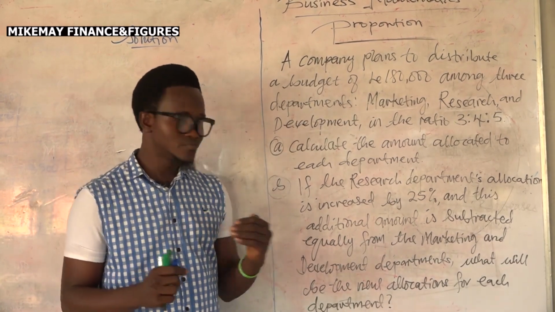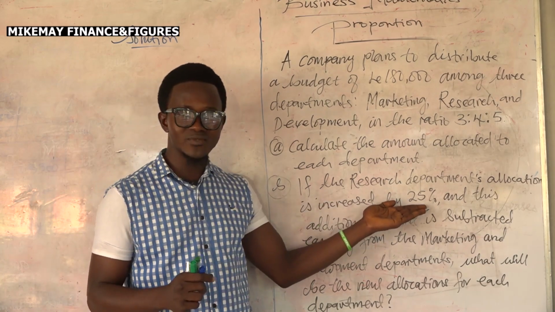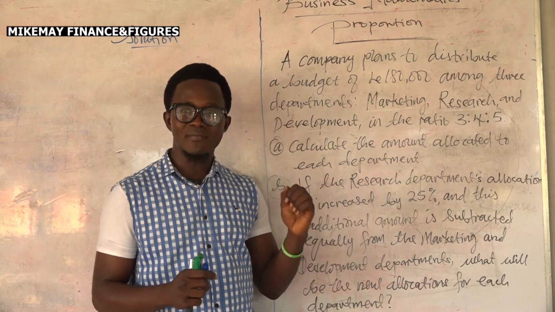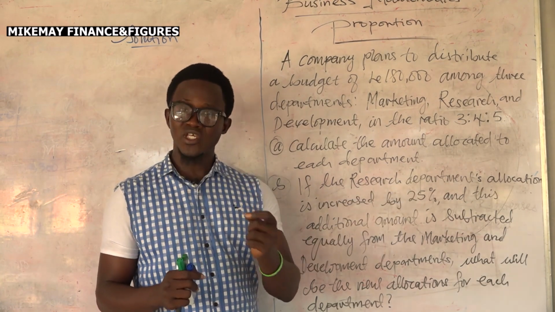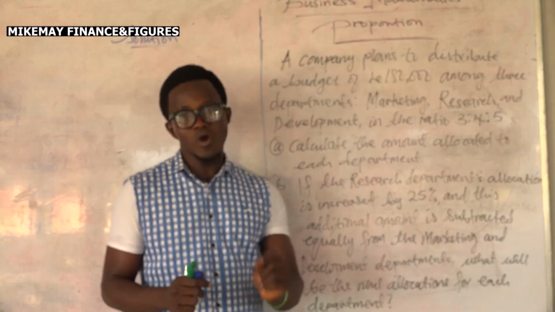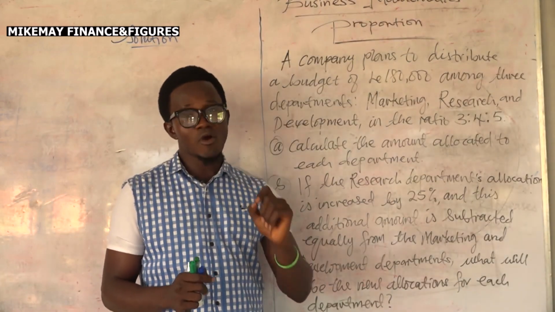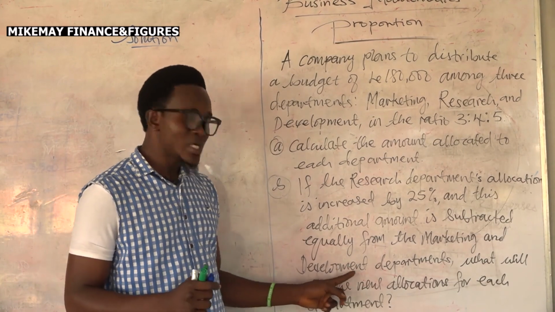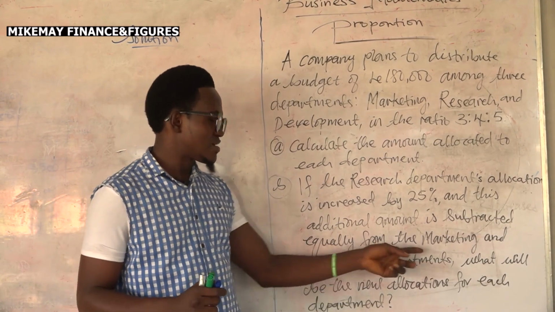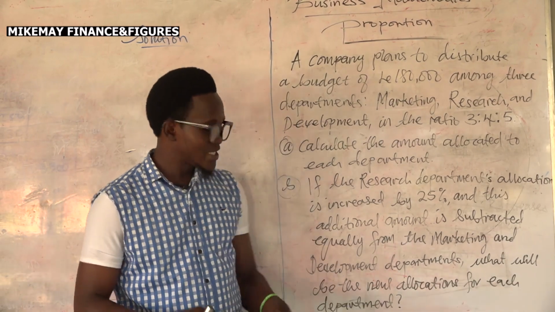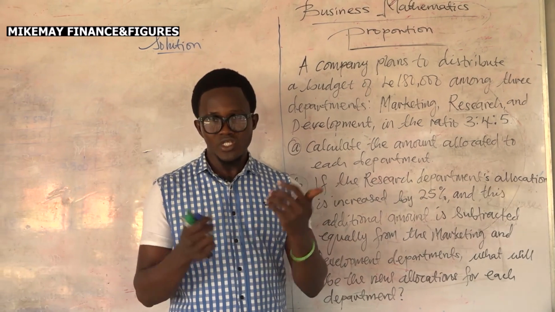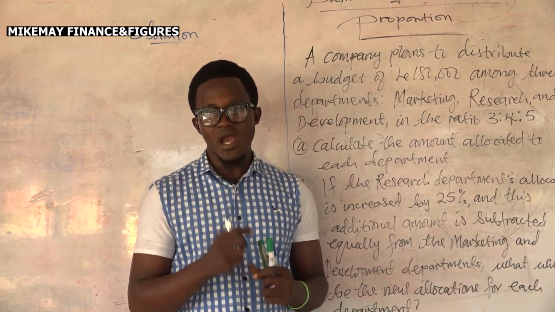It is saying if this same 25%, which is added to the amount allocated to the research department, if that same amount is reduced or is deducted from the amount that will be allocated to development and the marketing, what will be the new allocated amount for each department? Now, let's see how we can solve it.